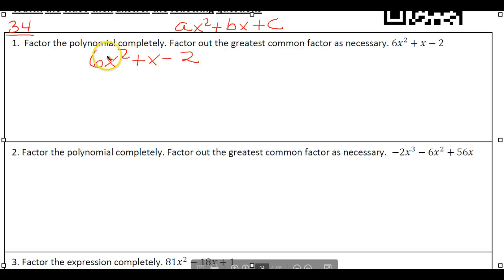These get a tad more challenging because we're wondering now, what would our first items be to produce this? We know this is going to be an x and an x, but is this a 6 and a 1, or a 3 and a 2?